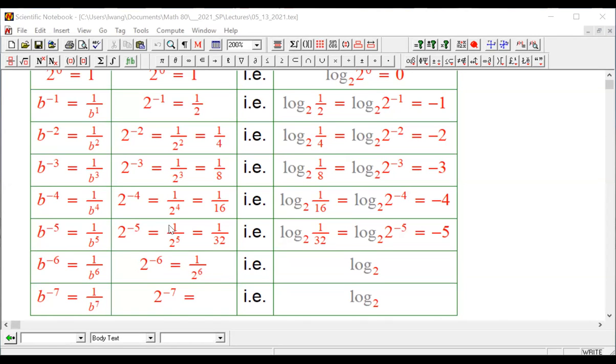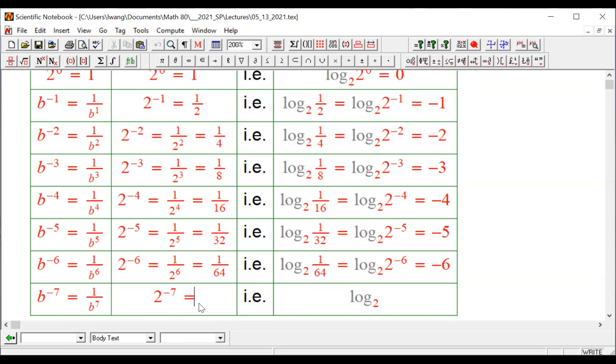That's going to be equal to 1 over 64, right? So on logarithm base 2, 1 over 64 is the same as 2 to the power of -6. So the answer is -6.